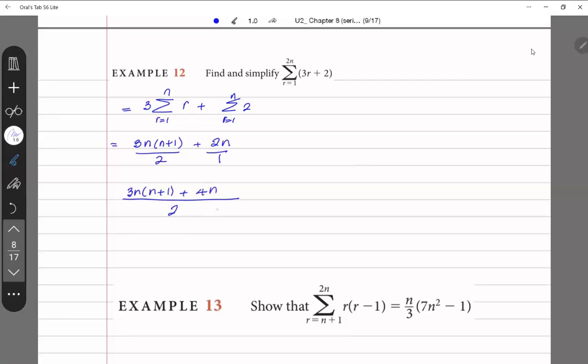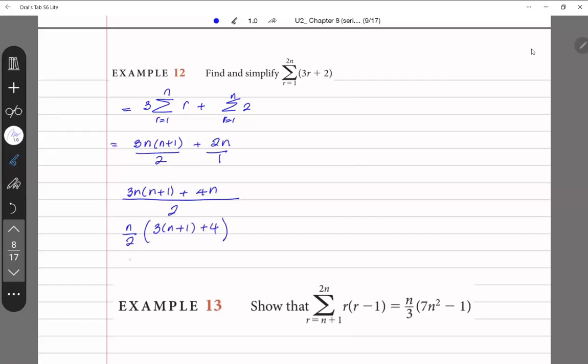Simplify, factor out the n. We get n over 2. And we have 3n plus, all right, let's just, so we have 3 into n plus 1 plus 4.